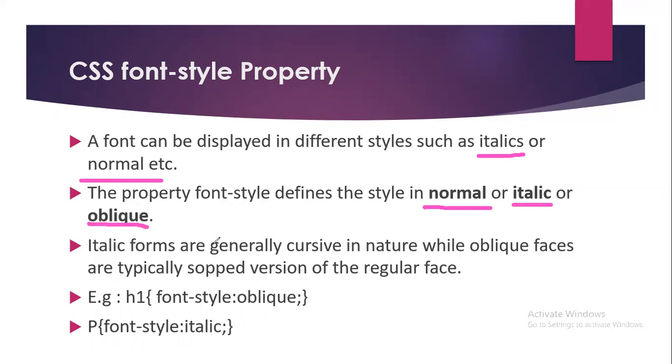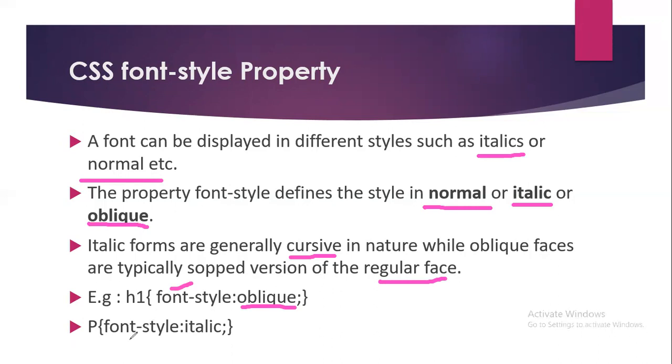Now, what is the difference between italic and oblique? The italic forms are generally cursive in nature, while oblique faces are typically a sloped version of the regular face. For example, if you wanted to apply the font-style property on H1, you will write H1, curly bracket start, you will define the property name, colon, and then the value for that property.